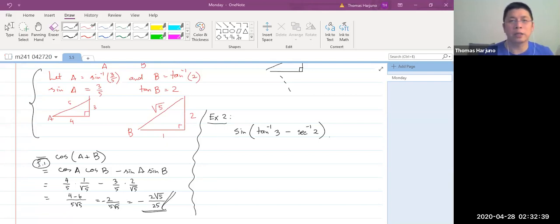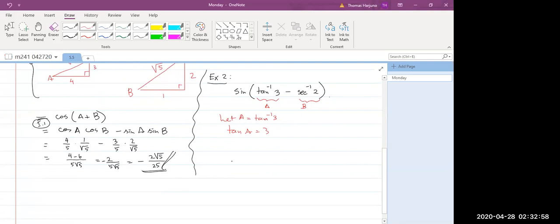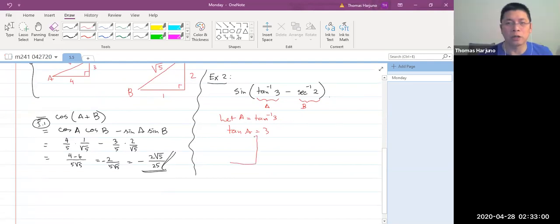Okay, let's see. We will call this A, we will call this B. So let A be tangent inverse of 3. So tangent A equals 3. If I draw the right triangle, for example, this is A, this is 3, this is 1.